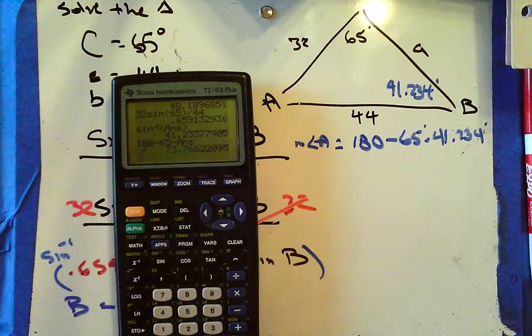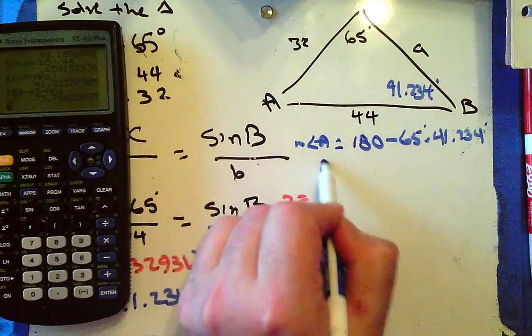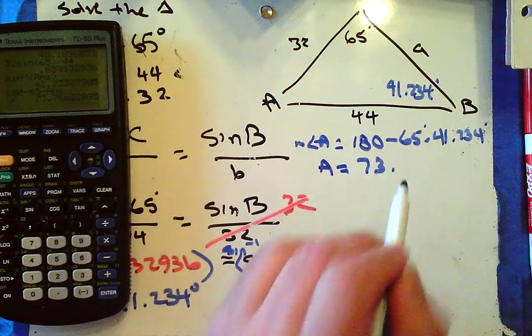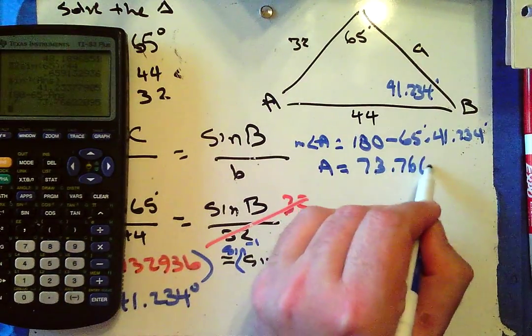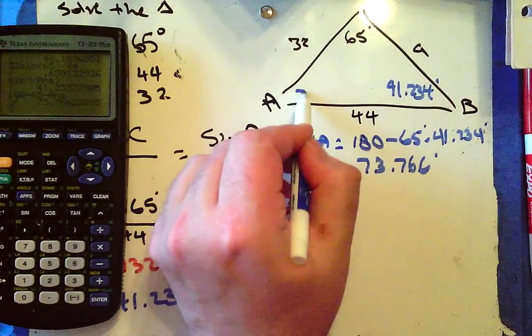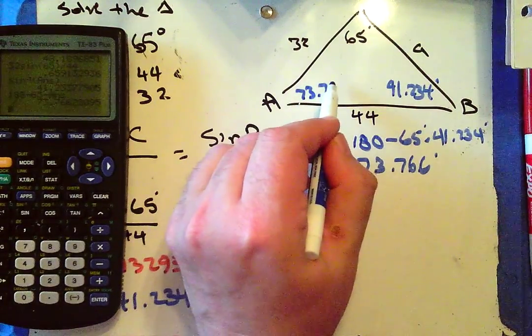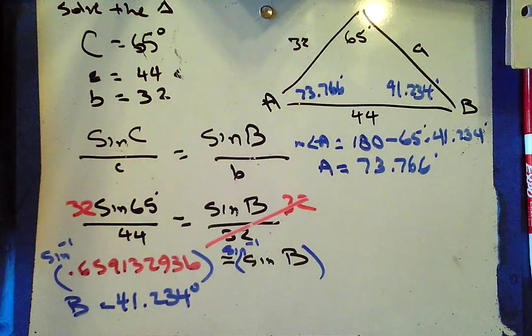And I end up with A equals 73.766 degrees. Great. We're almost done solving this triangle.